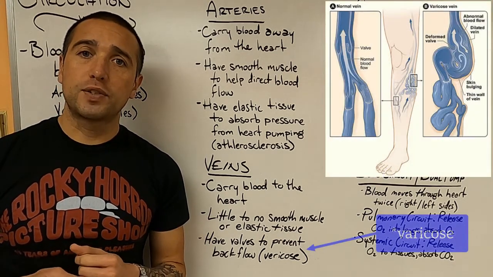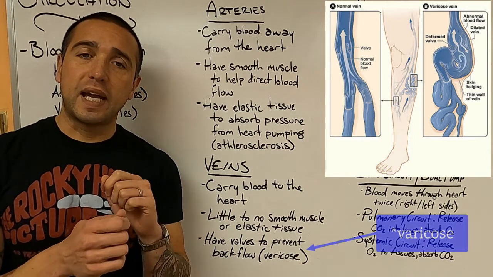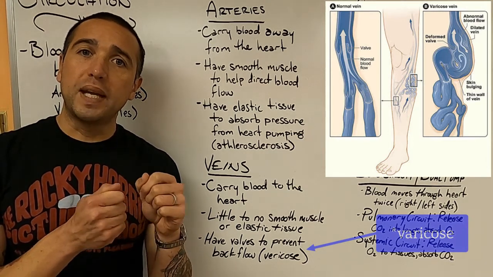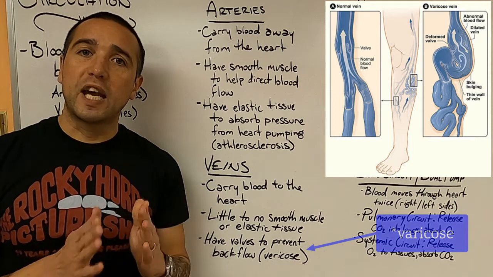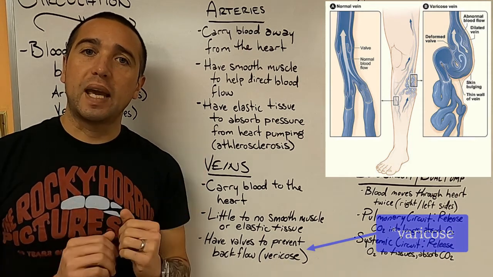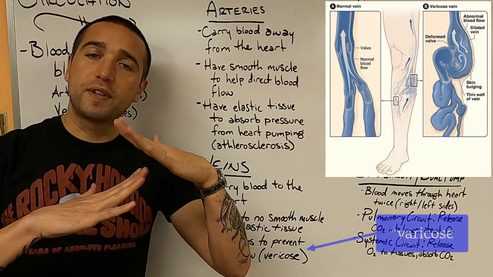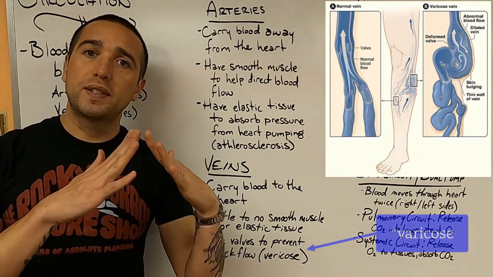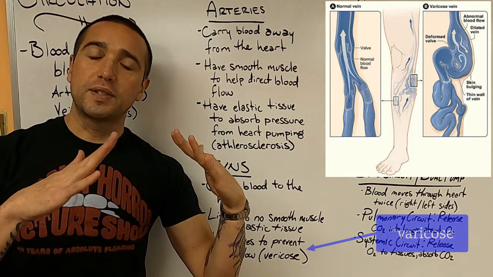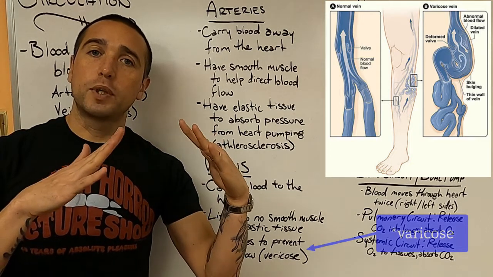Varicose veins are where there are veins that have either become bent or have become widened, and it makes it so that those flaps of the valves no longer line up if the vein is bent, or it makes it so that the flaps don't touch anymore, and so they can't prevent the blood from going backward.